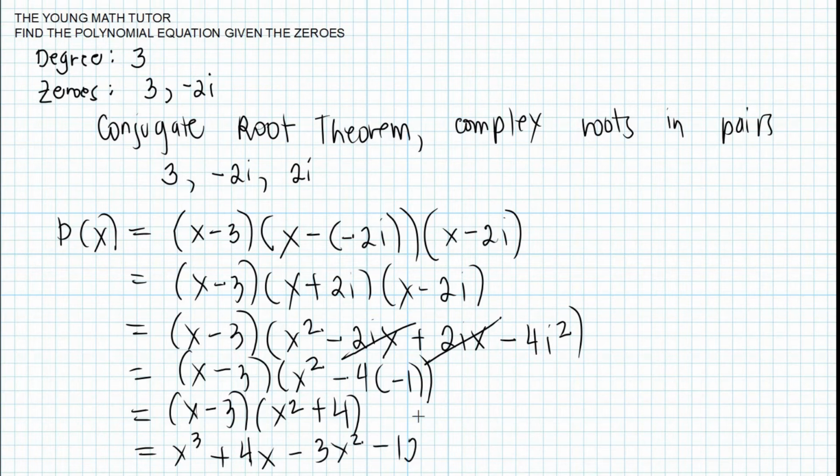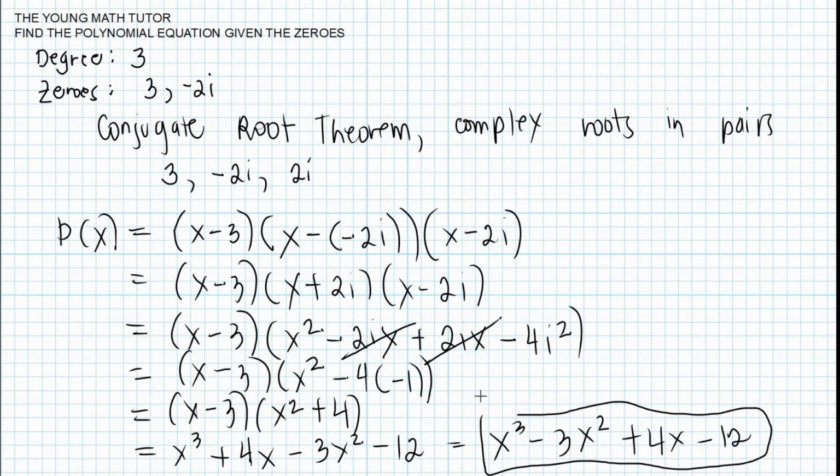If we put the terms in descending order, that would be x cubed minus 3x squared plus 4x minus 12. So this will be our polynomial with the degree 3 and zeros 3 and -2i.